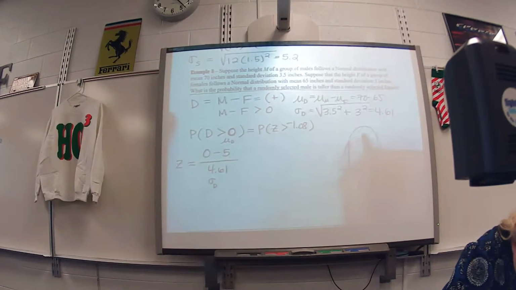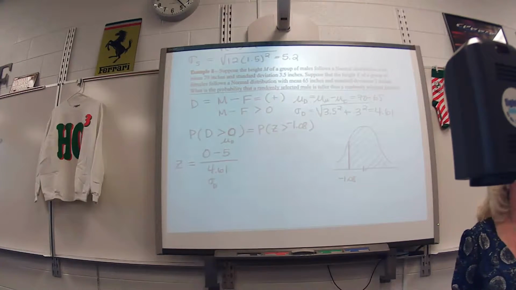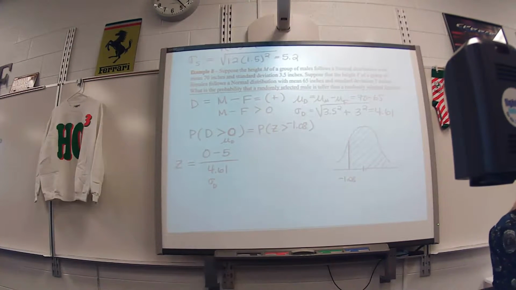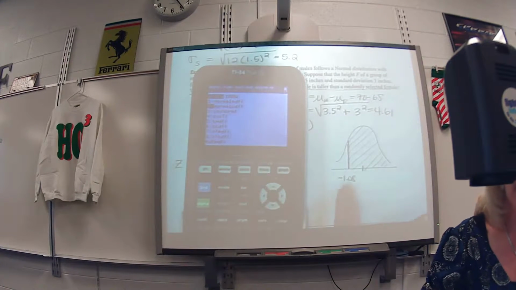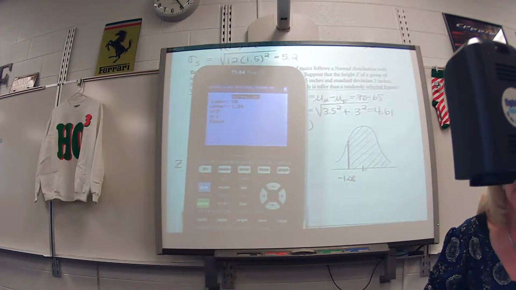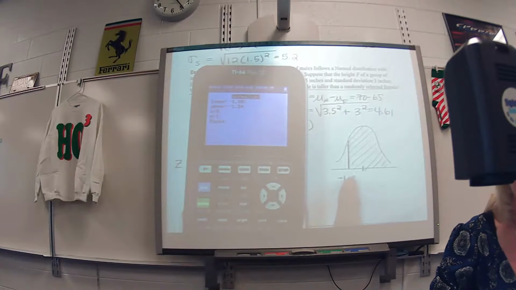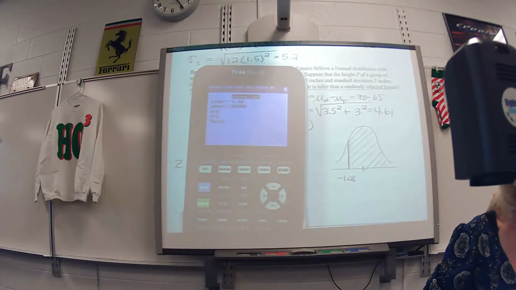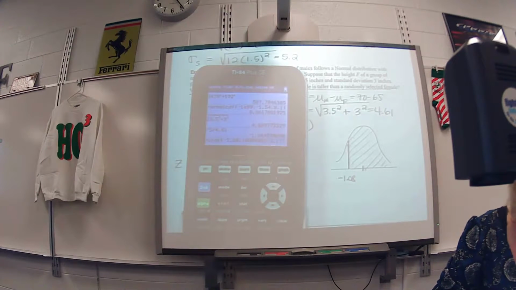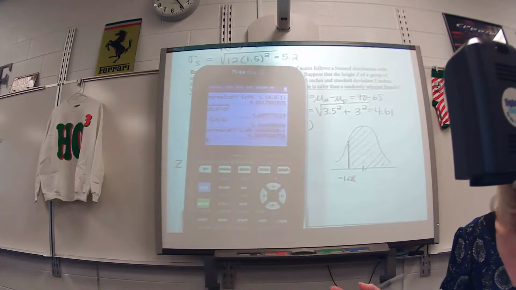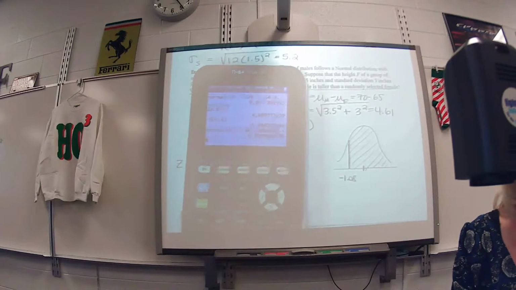We want greater than that, so I'm looking for an answer that is well above 50%. When I go to my normal CDF, -1.08 is my lower bound and my upper bound is going to be some very large number. So about 0.8600.